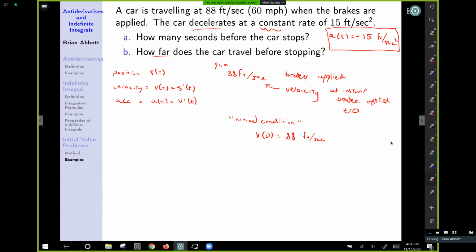That's kind of nice. And we also know the acceleration. I wrote this above, but we're just summarizing here. We're given that we are decelerating, so we get a negative number: a of t is equal to negative 15 feet per second squared.